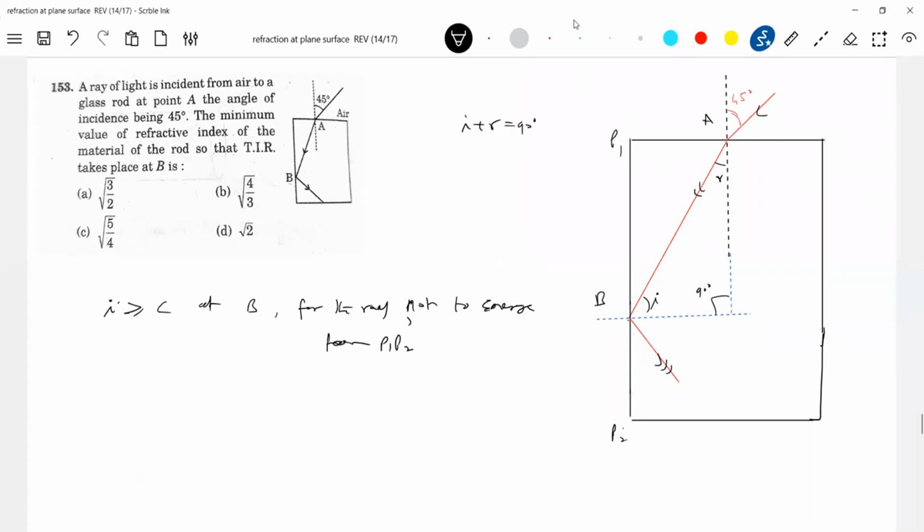So I replace I, this will be 90 minus R. Applying Snell's law on both sides, sine of 90 minus R, which is cos R.